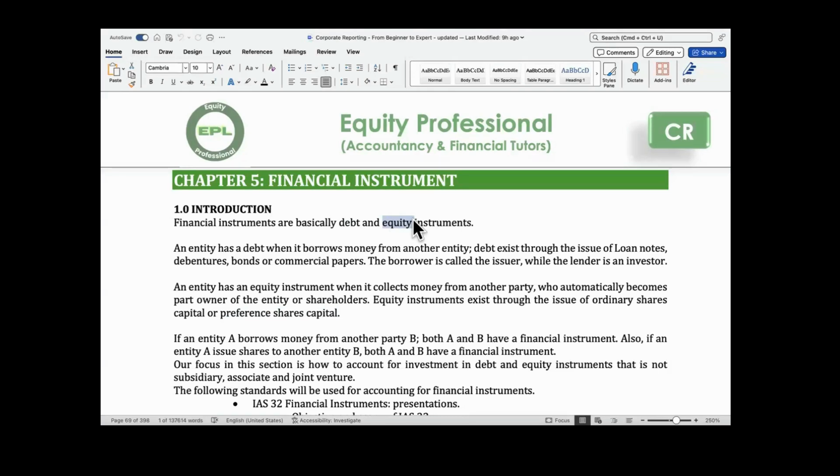And also for the case of an entity that collects money, and collecting that money makes the person giving the money become a shareholder, we want to look at how to account for that as well today, both from the side of the entity collecting money, giving out its shares, and the party who is an investor who has now become a shareholder.